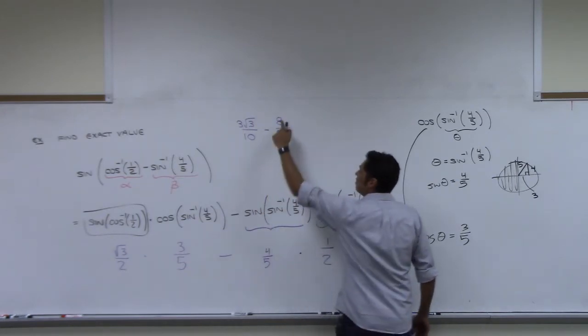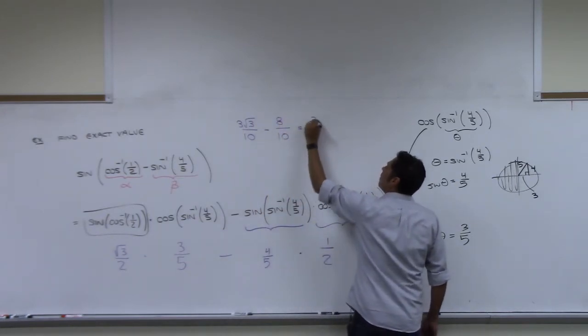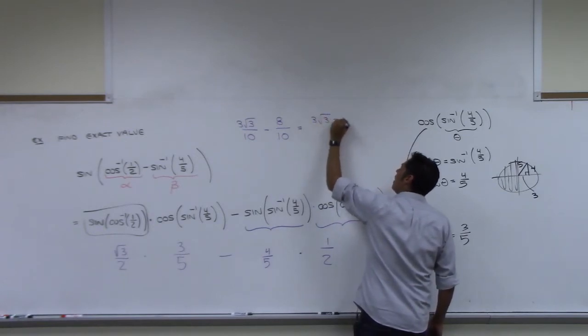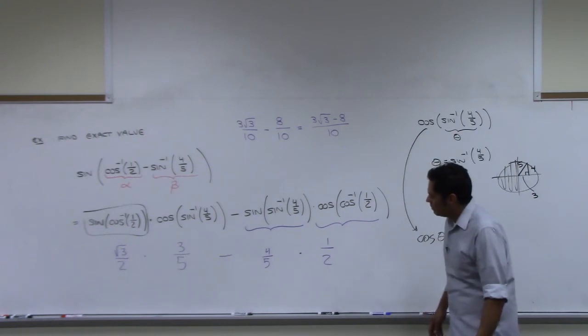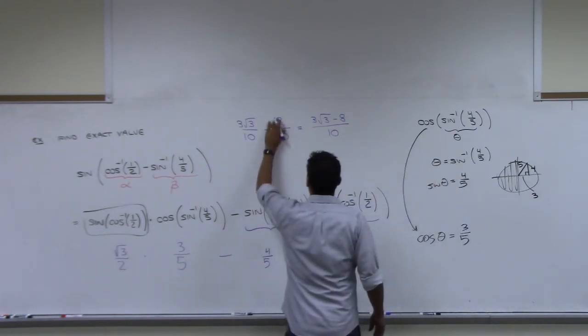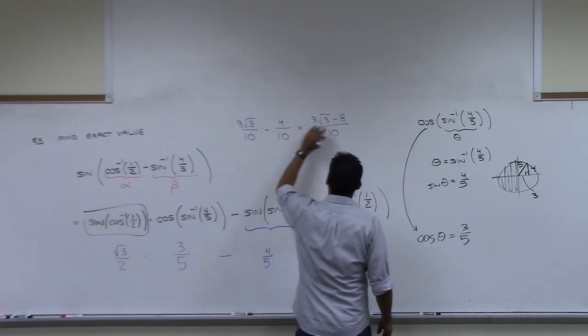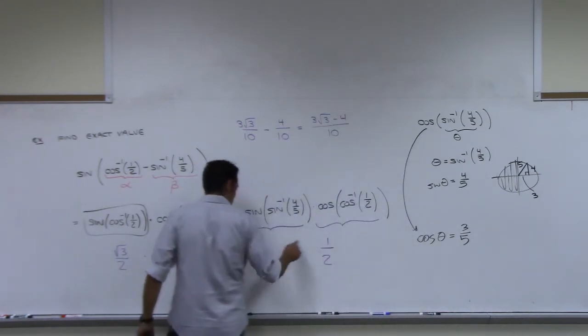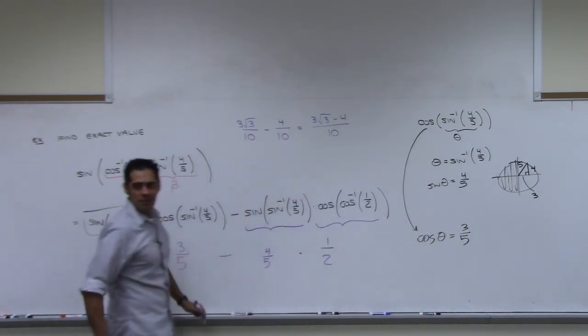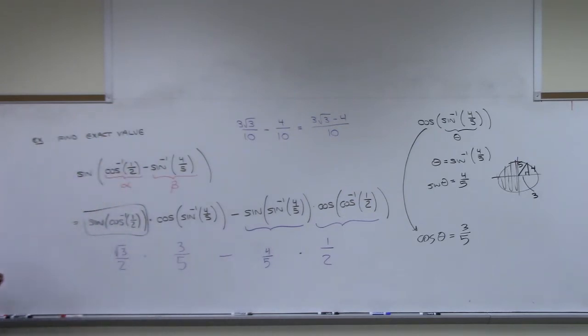I'm not going to reduce this fraction because I'm going to put them together. 3 root 3 minus 8 over 10. Is that 4 over 10? Where are you talking about? This? Yeah, I had 4. Yes? That's it. That's the exact value of that expression.